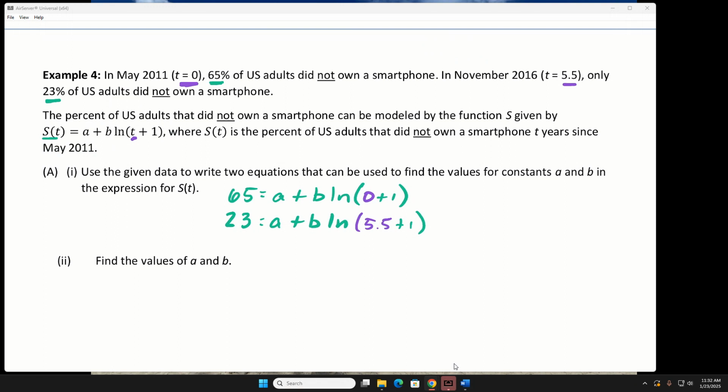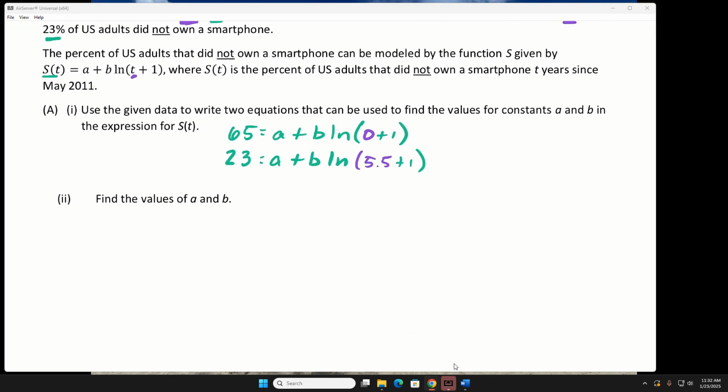Right, and then for part 2, we're going to find the values of A and B. So this is where we can't use the graphing calculator features or the statistic features, the regression features in the calculator. But we can do this by hand. So here I would go ahead and add the 1 and the 0.